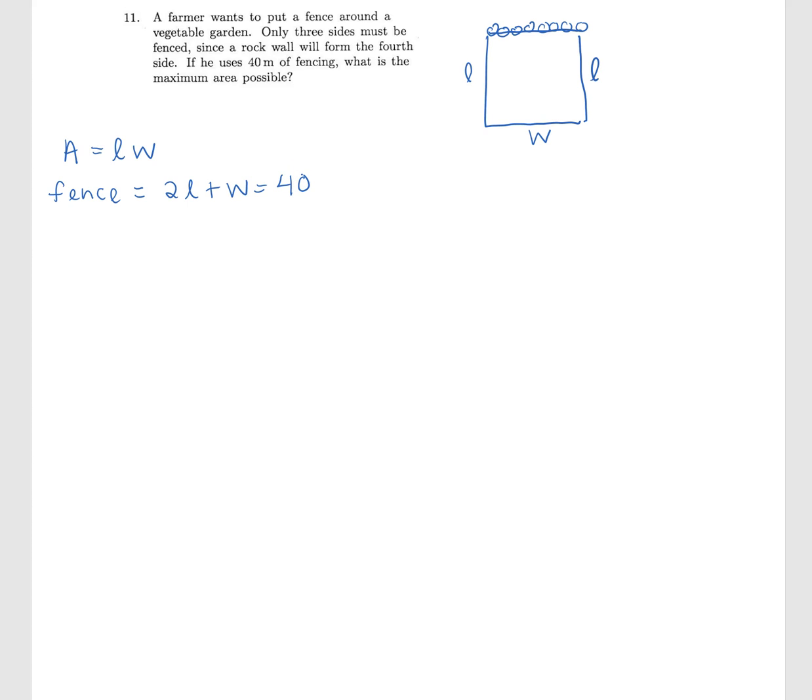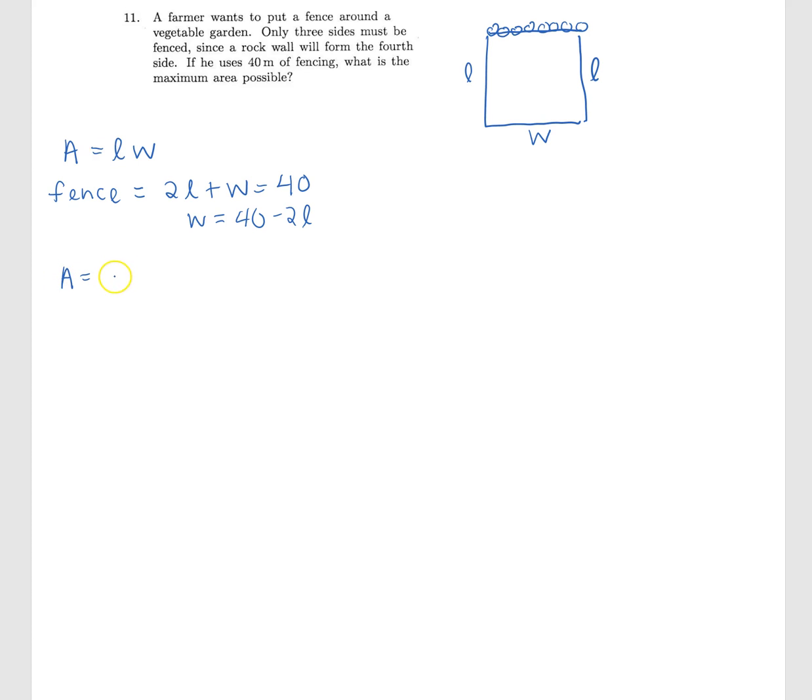So I'm going to take this second equation here and rearrange it to get one of the variables in terms of the other. And we can see that it's pretty simple to get W on its own. So I'm going to subtract 2L on both sides and get W is equal to 40 minus 2L. And so what I'm going to do now is go back to this area equation.